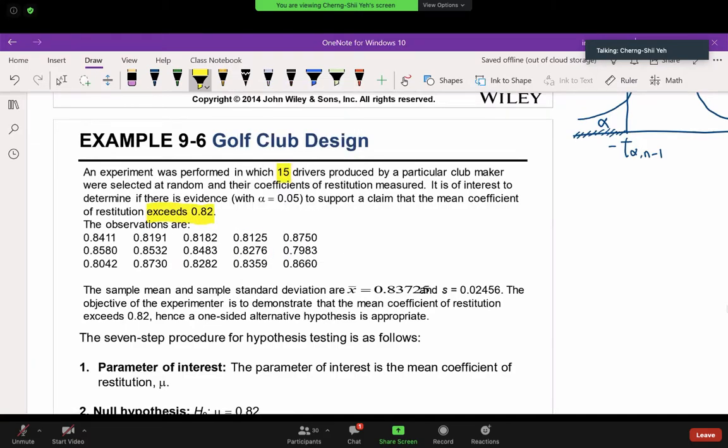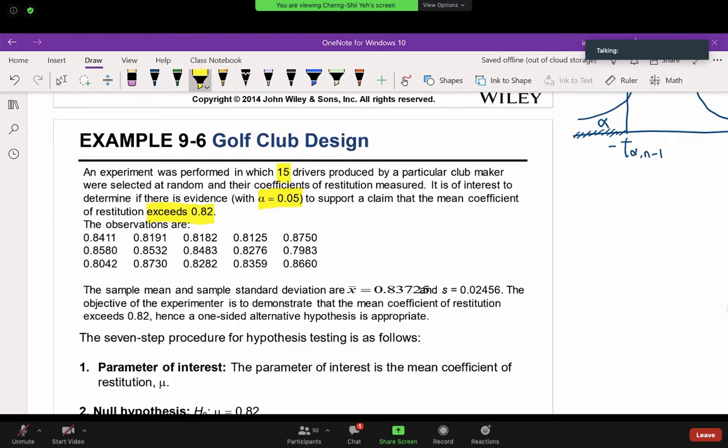They always like to ask if there is enough evidence to support the claim. Having evidence means asking whether your sample average is consistent with what you believe the process is, or different from what you believe the process is.